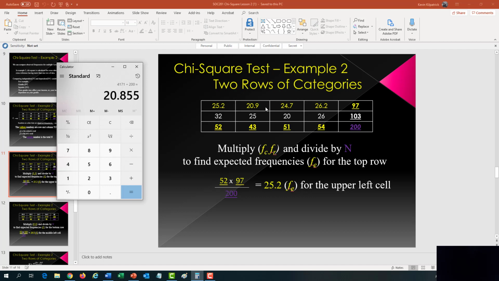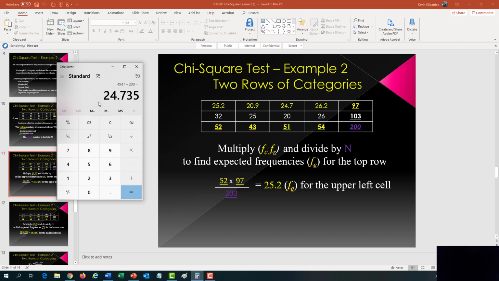Okay? The next number, I'm going to do exactly the same thing. In order to get 24.7, I'm going to multiply 51 times 97, get that result, and divide that by 200.